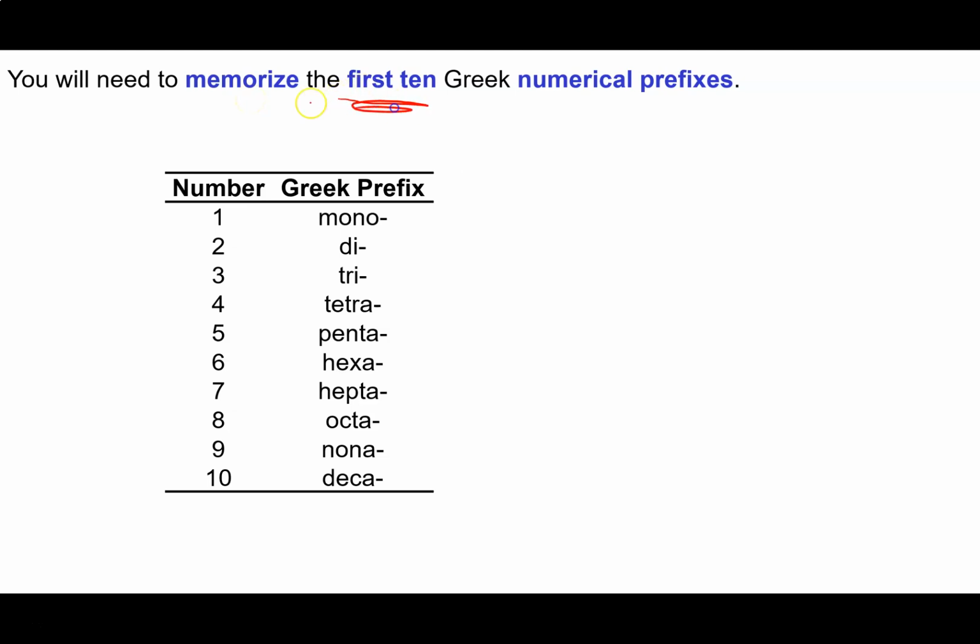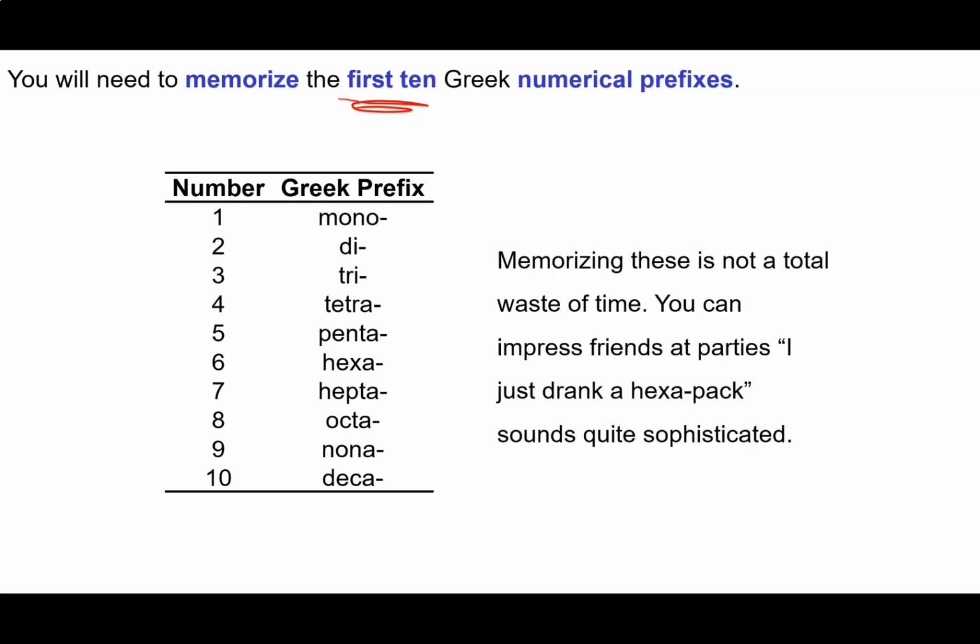For general chemistry, we want you to know the first 10. They continue obviously above 10. Now, this isn't a complete waste of time. It's kind of fun to drop these into everyday conversation. Hey, do you think you could get me a hexapack and a dodeca of eggs from the supermarket? It's kind of fun. So you just kind of have to go ahead and memorize them.